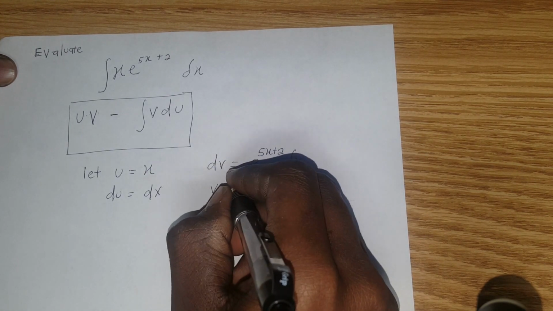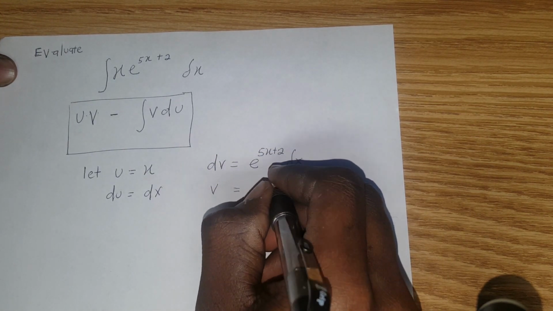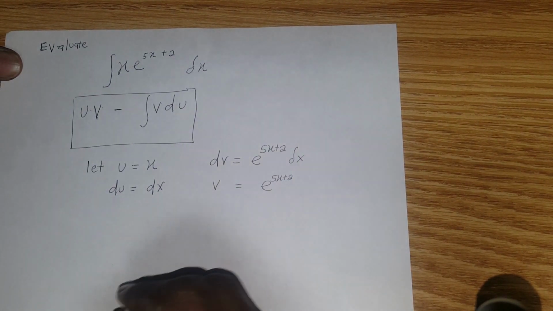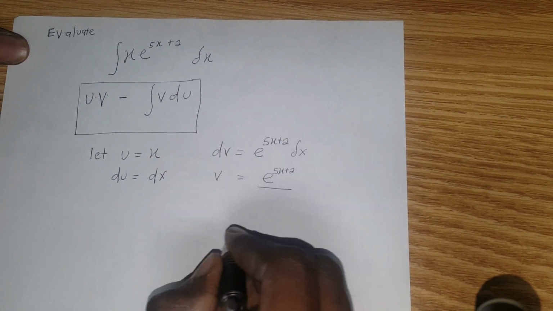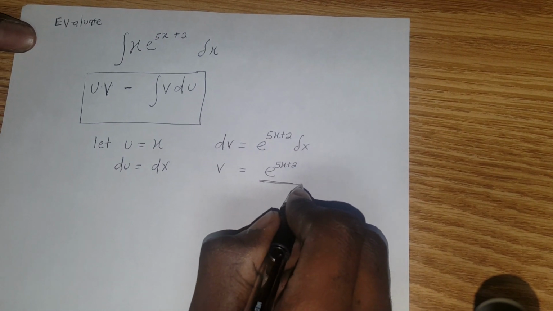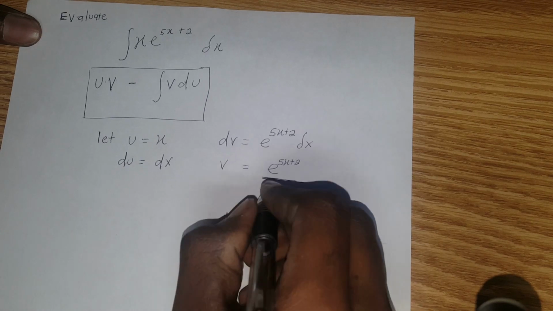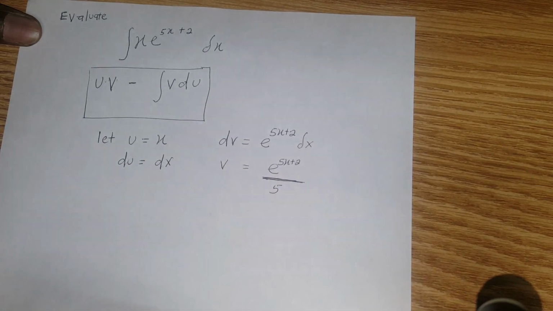So my v will be equal to the same function because it's an exponential function, and I'll divide it by the differential of the exponent, which is in this case 5.